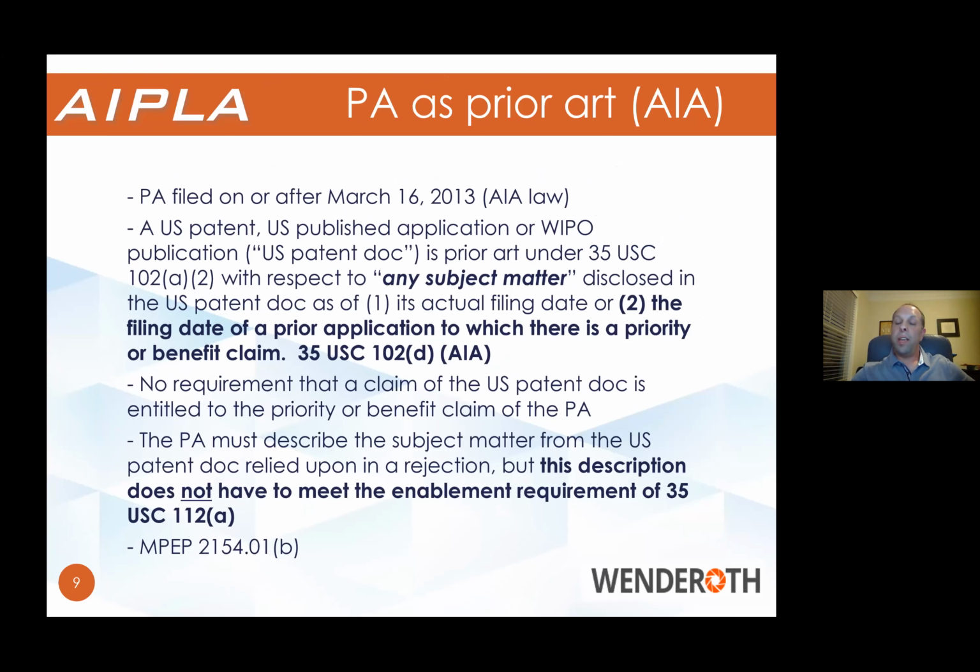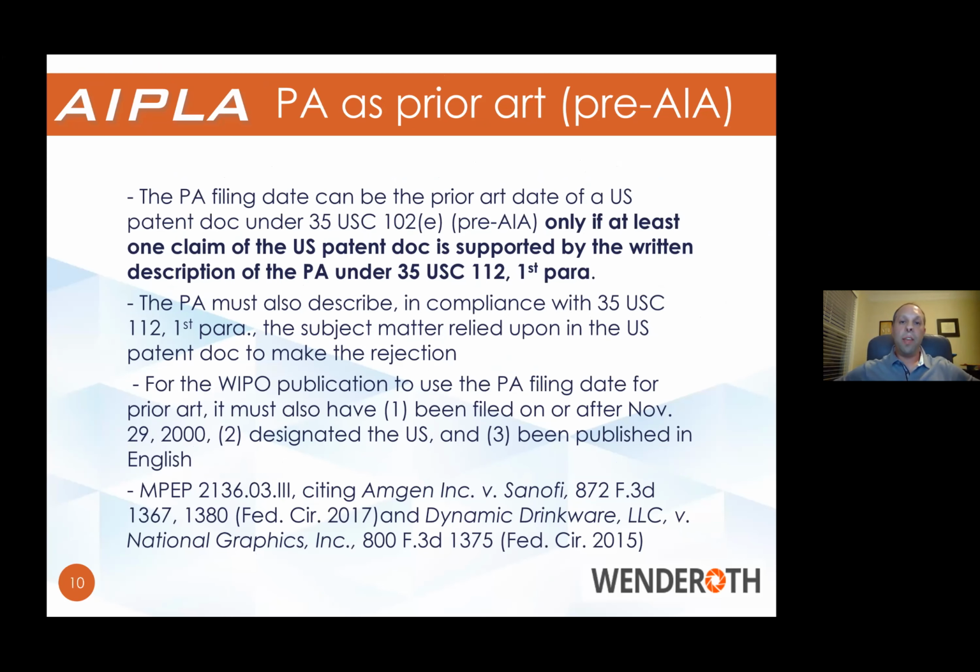Now, in the pre-AIA law, it's a little bit different. So for the same type of documents, the US patents, patent application publications, and WO documents, they're all prior art under 102(e) under pre-AIA, only if at least one claim of that document is supported by the written description of the provisional under 112 first paragraph.